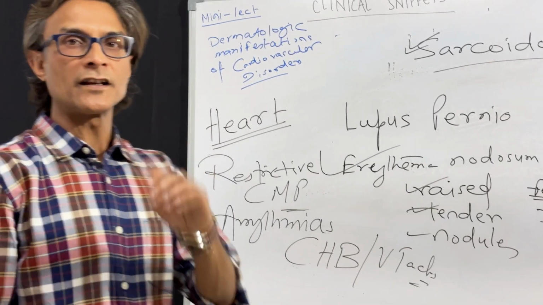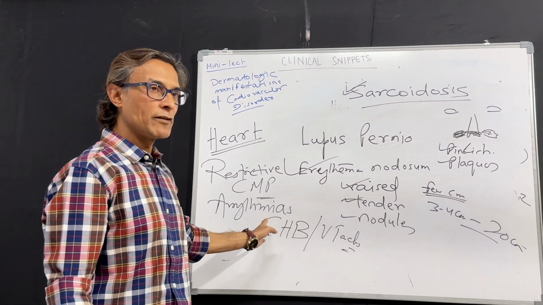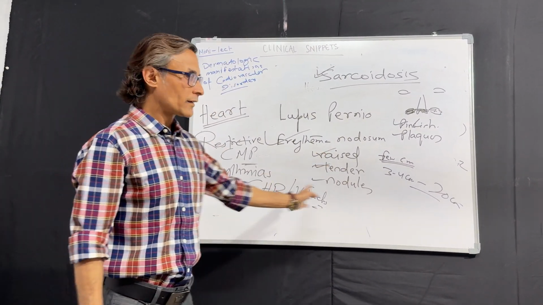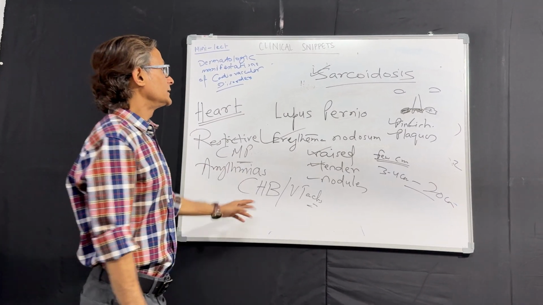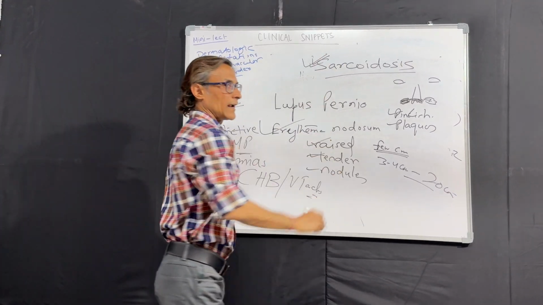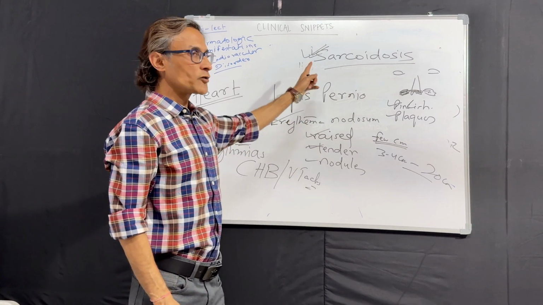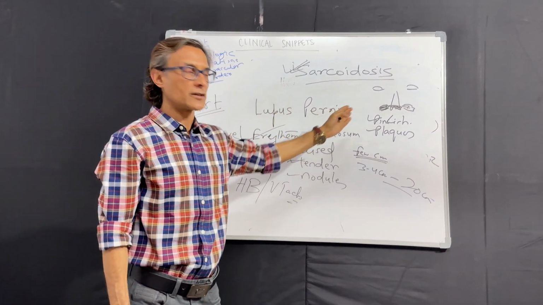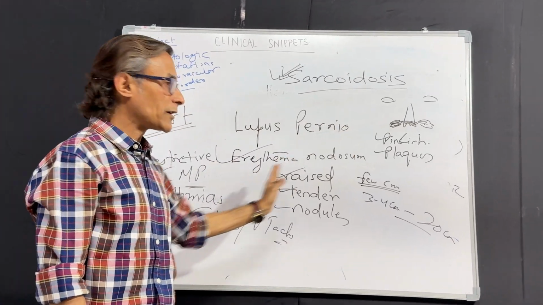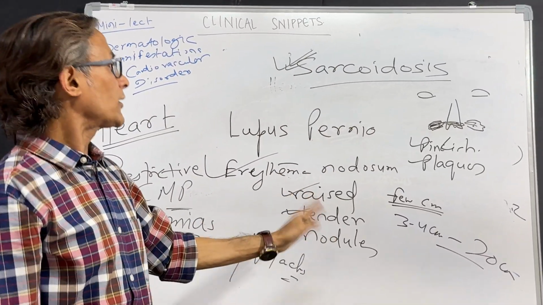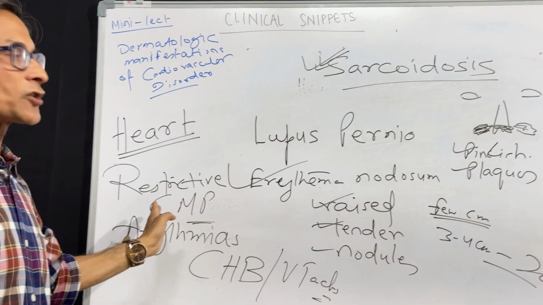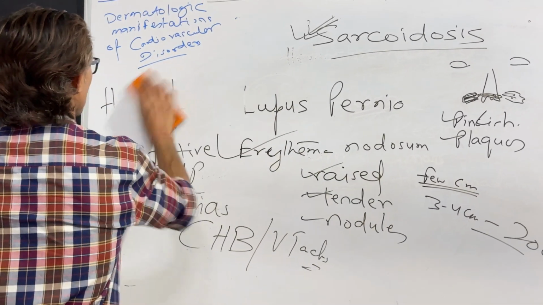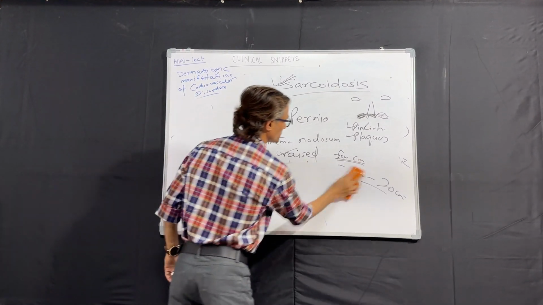So in a young person presenting with acquired complete heart block or arrhythmias like VTAC, think of sarcoidosis. MRI should be done, sarcoidosis should be ruled out. And if they present with classical dermatological manifestations, lupus pernio and erythema nodosum should be searched for. If these are present, complete heart block is an association. So this is sarcoidosis.